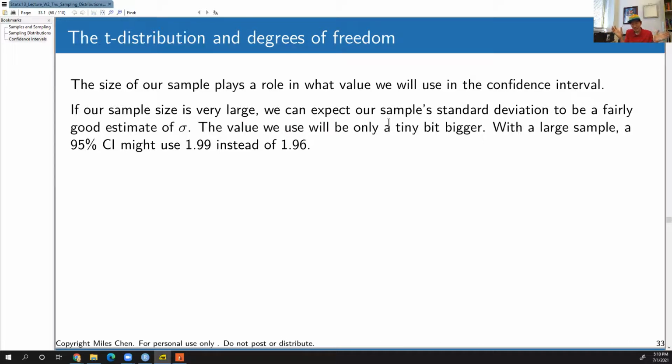My sample standard deviation has got to be pretty good. So rather than changing the number drastically, maybe I'll only adjust it a tiny bit. The true number is 1.96. Maybe I'll go from 1.96 to say 1.99 or something like that.